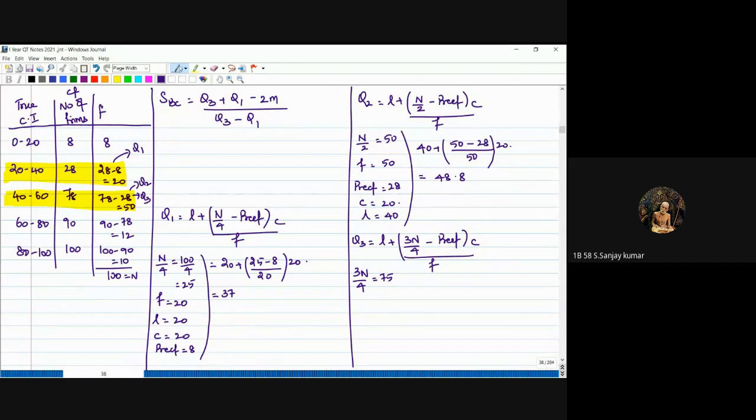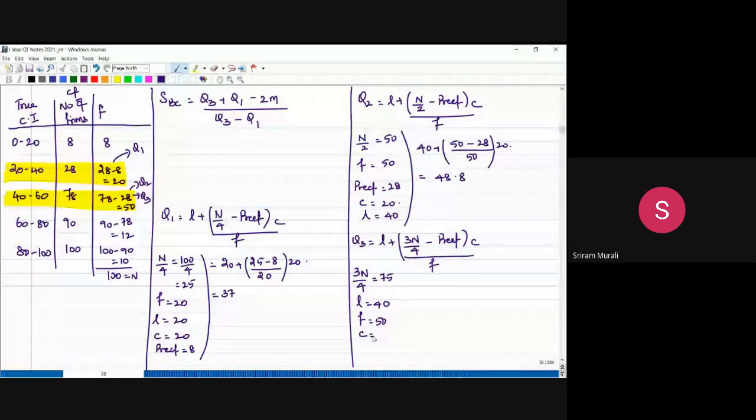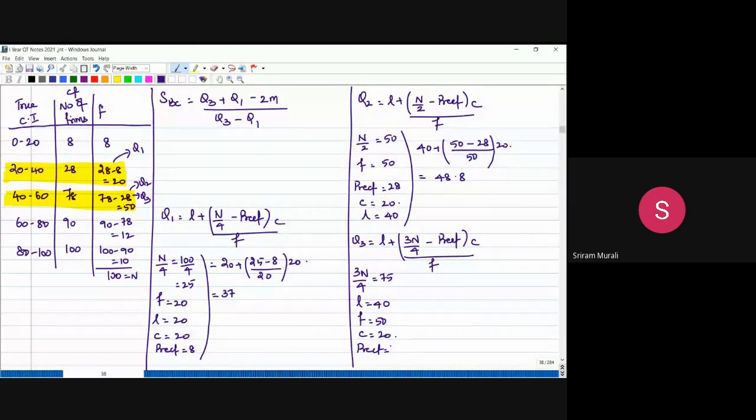So L is 40, F is 50, C is 20, pre-CF will be the same 28. So this is 40 plus, by F into C. What is the answer? 58.8, sir.